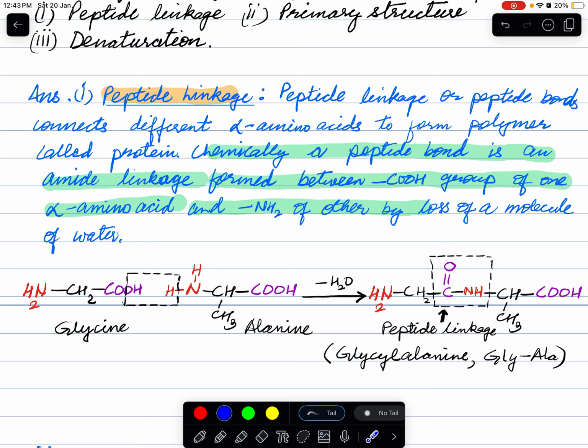Why do we call it a dipeptide? Because two amino acids are involved, and this dipeptide is named on the basis of the amino acids connected together, so it is called glycylalanine, and this is the three-letter symbol for the dipeptide. So this is all about peptide linkage.